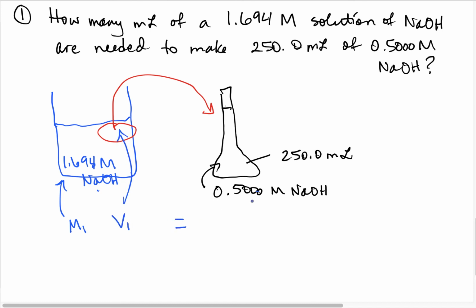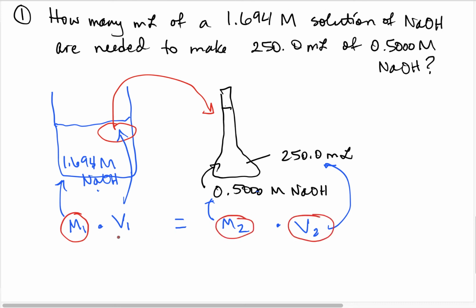And that's going to be equal to my M2 multiplied by my V2. So now I can see that I have this number, this number, and this number, and I just need to solve for this number. So drawing yourself a picture can really help to make sure that you put the numbers in the right places, and I very much encourage you to do this.